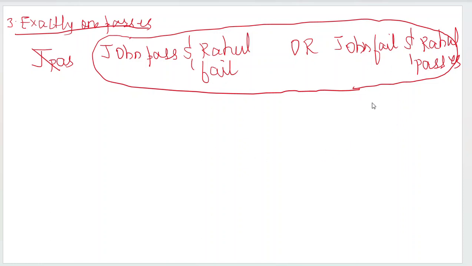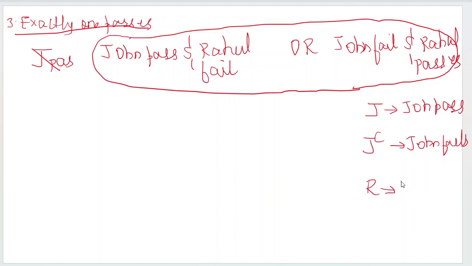Now we say that J is John passes. So John fails is denoted by J complement, using the idea I described earlier, that something negative is always denoted by complement. Similarly, Rahul passes we denote by R, and therefore Rahul fails will be denoted by R complement.